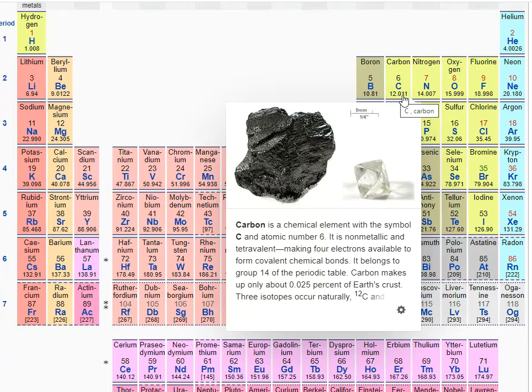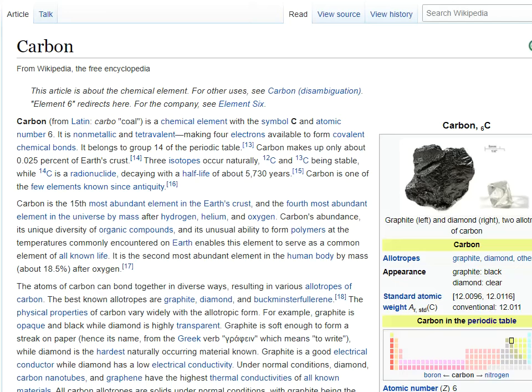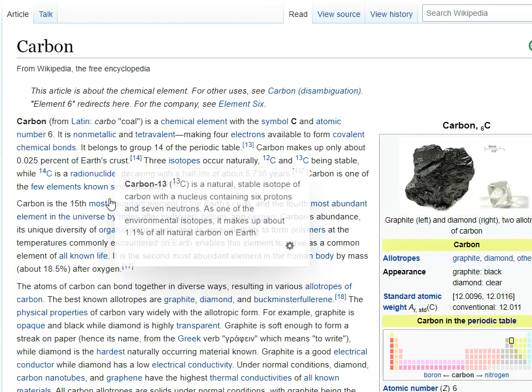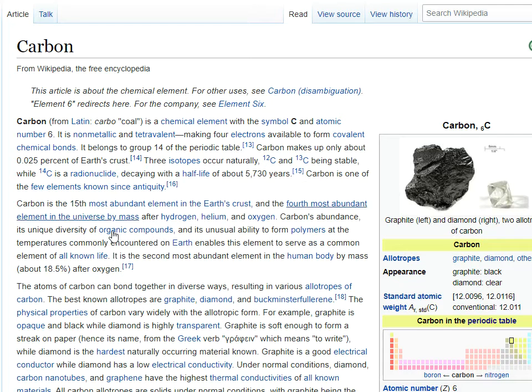This 12.011 represents a common mixture that happens in Earth's crust, probably. There are 3 isotopes that occur naturally: carbon-12, carbon-13, and carbon-14. Carbon-13 is stable, carbon-12 is stable, and carbon-14 decays with a half-life of about 5,730 years.